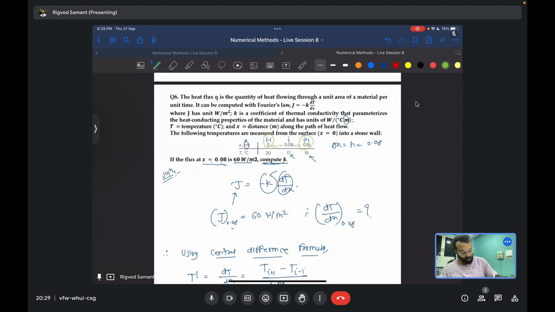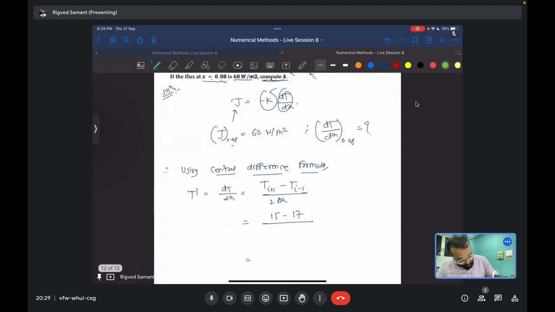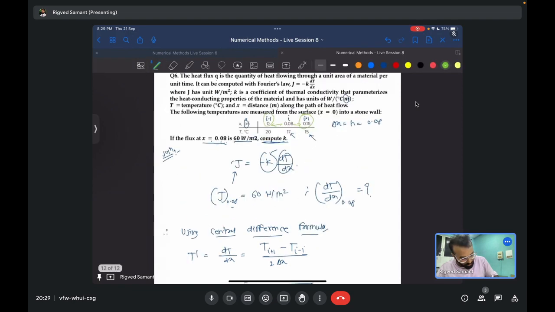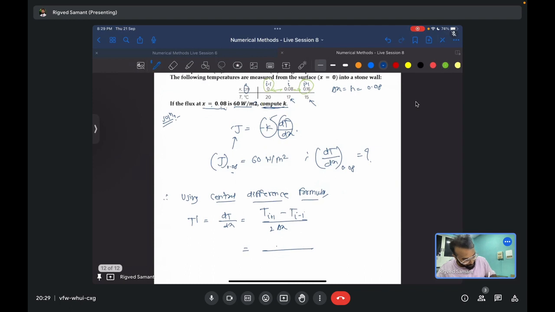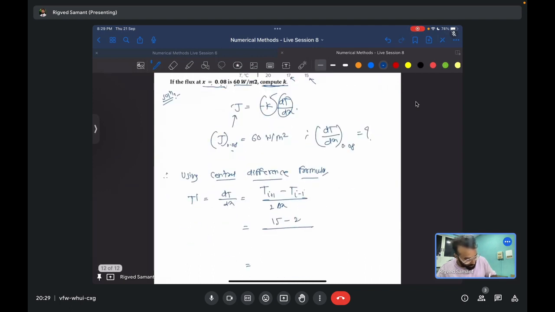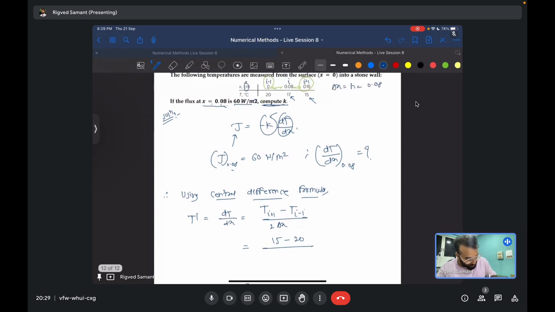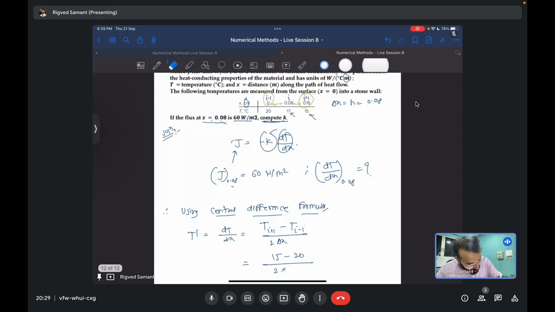So this is what: T(i+1) is 15 minus T(i-1) is 20, divided by 2 into delta x, but delta x is 0.08 centimeter, right?